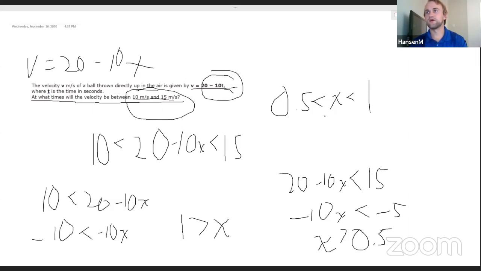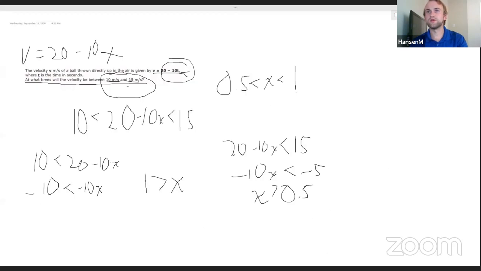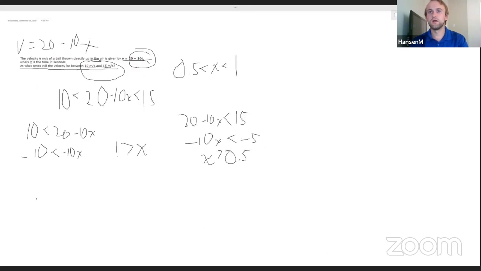So we can plug in some values and check. If I were to plug in, let's say 0.75 seconds, then it should be between this velocity range. So velocity is equal to 20 minus 10t.